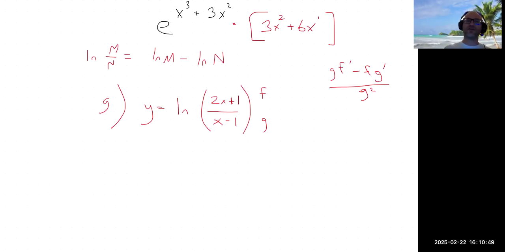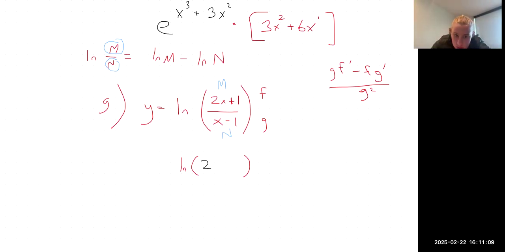So in this case, this is the m and this is the n. So natural log of 2x plus 1, minus natural log of x minus 1.